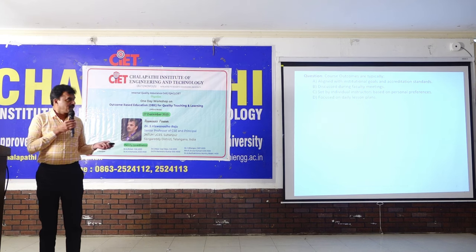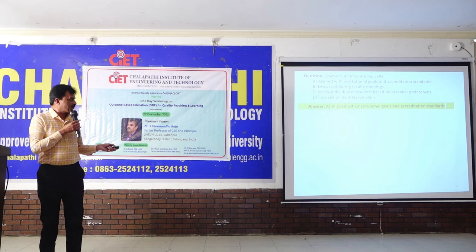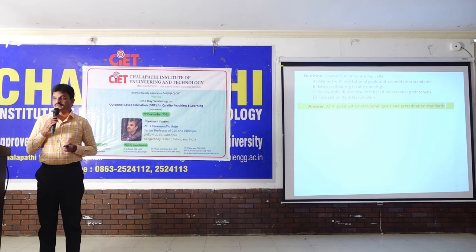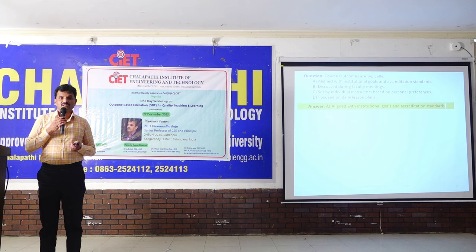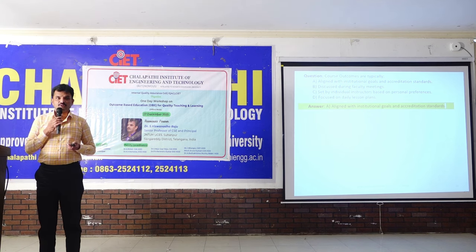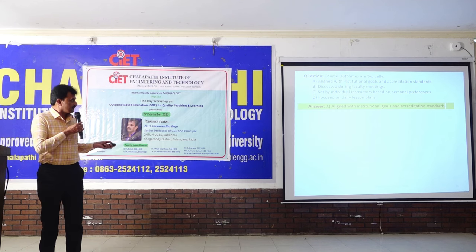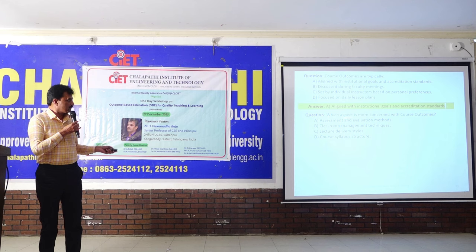Aligned with institution goals and accreditation standards. I have to keep in mind the institution goals also: vision, mission, PUs. Without knowing the vision, mission, PU, how can I formulate the course outcome? This is the most important, all of you, please. Which aspect is more concerned with the course outcomes?